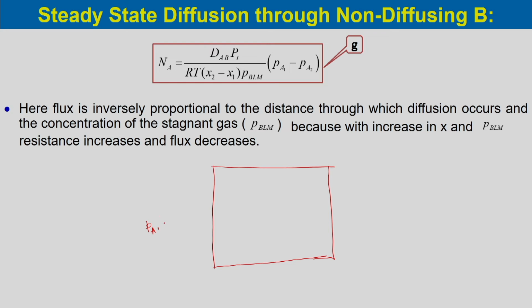Y axis is Pa or Pb in terms of say atmosphere, and x axis is the distance, which may be represented by z, which varies from 0, 0.2, 0.4, 0.6, 0.8 and 1.0, and this partial pressure can vary.